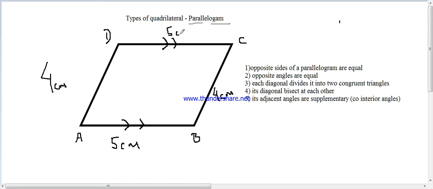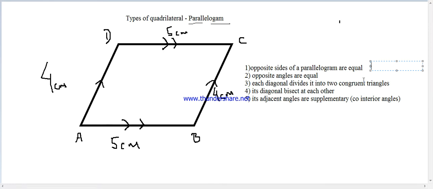As you see over here, in point number one, AB is not equal to BC. Let me revise again. AB is equal to DC. I'll just write it down over here.